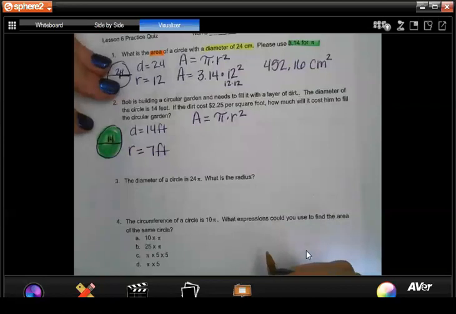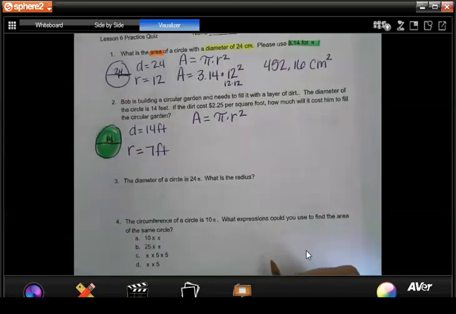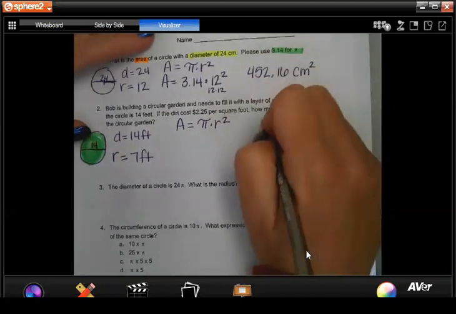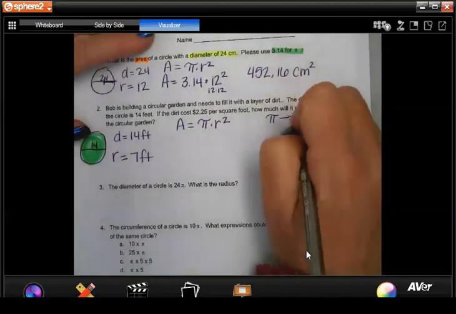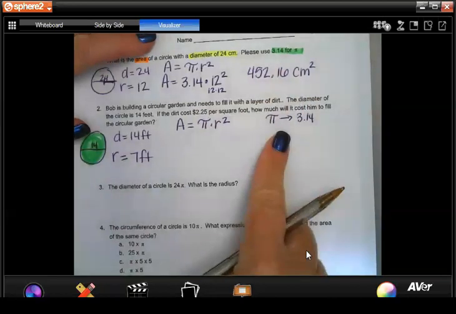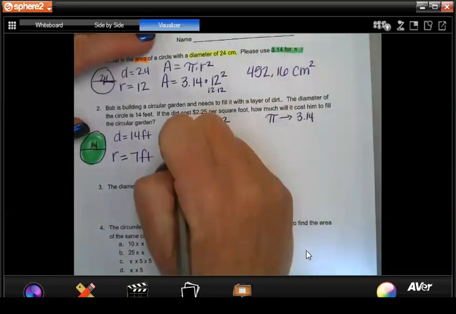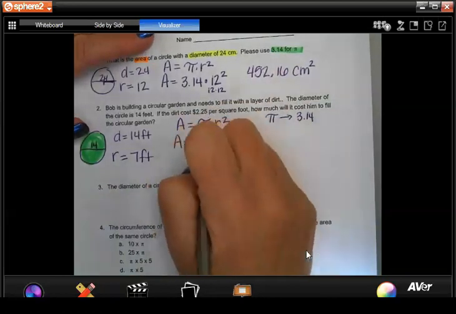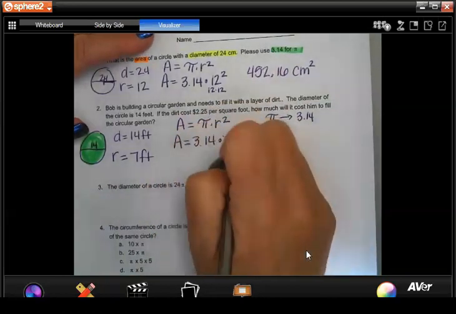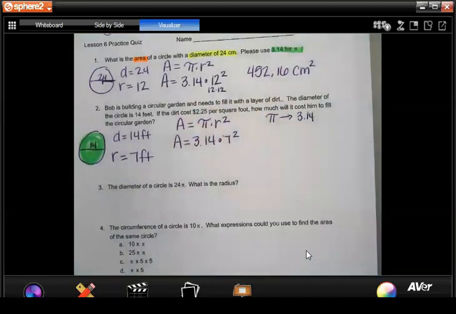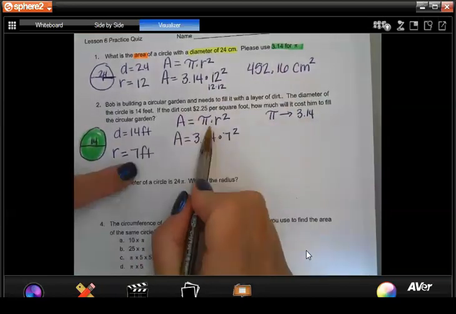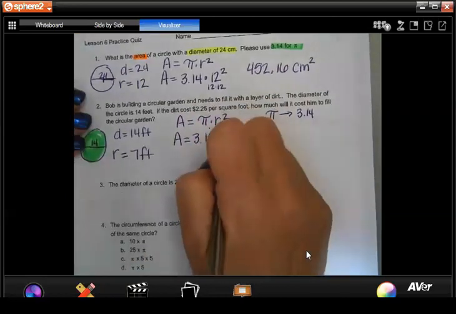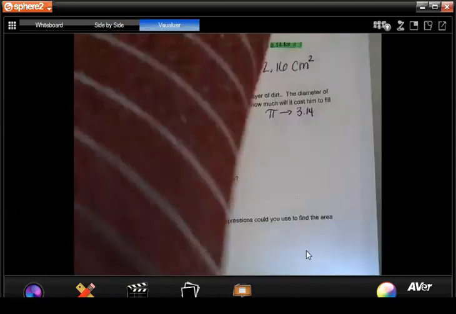Okay. Now I need to find the approximate value. So since I'm finding the approximate, I'm going to substitute in 3.14 for pi. So here's my formula. Area equals 3.14 times 7 squared, because 7 was my radius. So now remember, 7 squared is basically like 7 times 7.